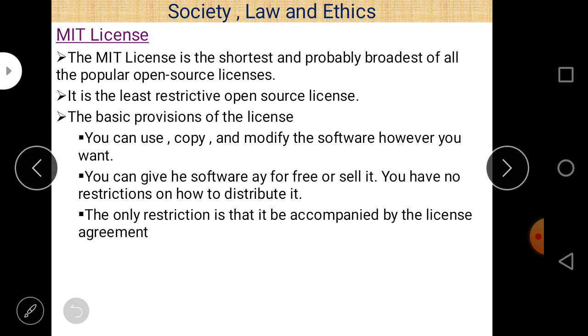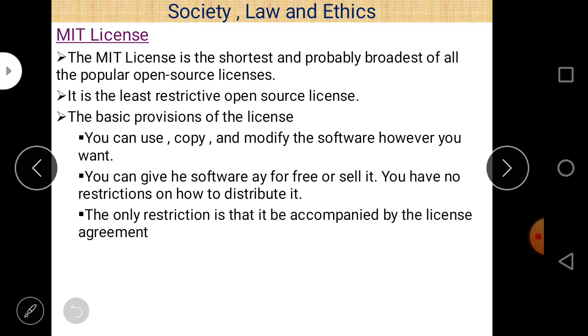Second, you can give the software away for free or sell it. You have no restrictions on how to distribute it. And third, the only restriction is that it be accompanied by the license agreement. So these are the three important points regarding MIT license.